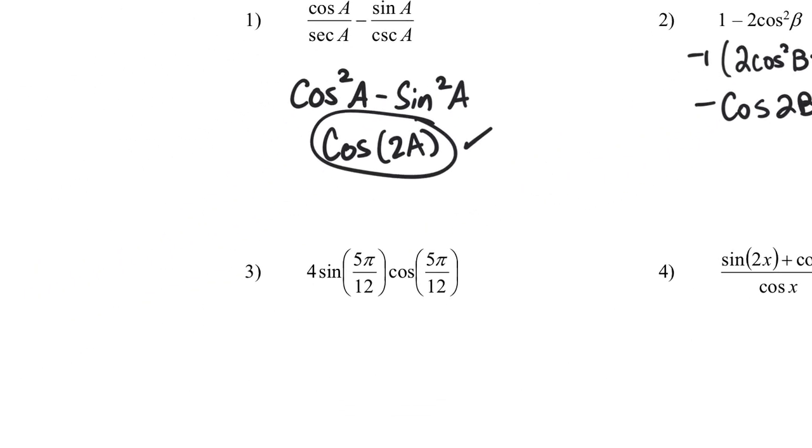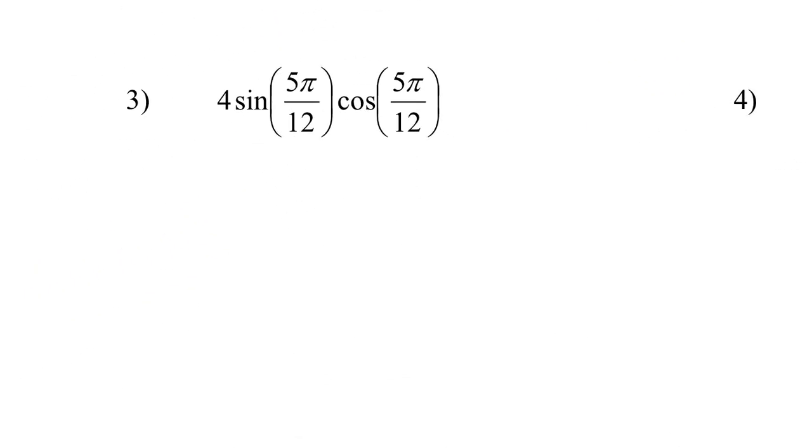Let's move on to a similar problem on number 3. Now there's some things I like about this problem and there's some things I don't. I see the sine times cosine of an angle, and even looking at the angle, we see its denominator is 12, so I'm thinking this might be something like a double angle. However, this 4 right here is a little different.